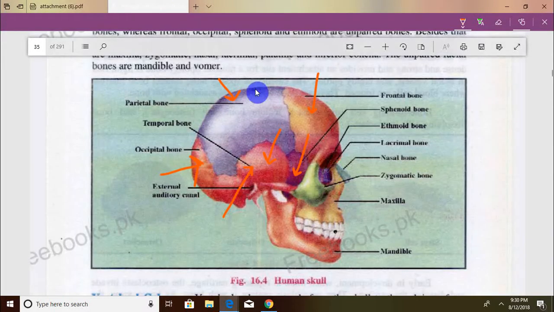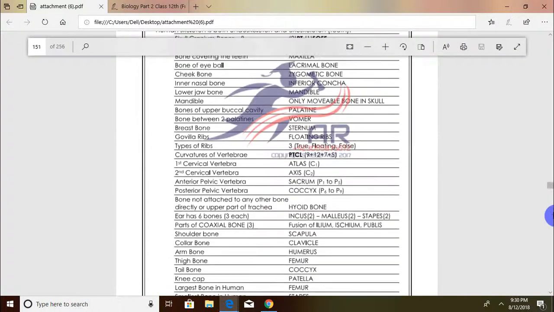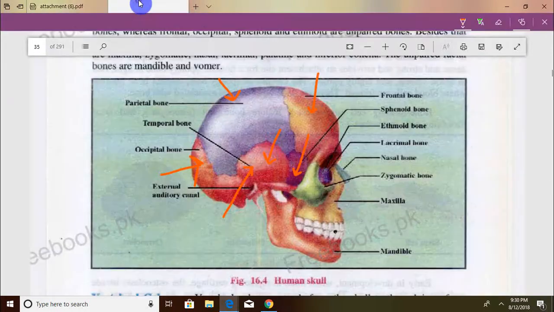And if you look at these over here, these have colloquial names which are really helpful in remembering where they are. The maxilla is basically the bone that covers the teeth. So this is the maxilla, and remember the maxilla is a paired bone.